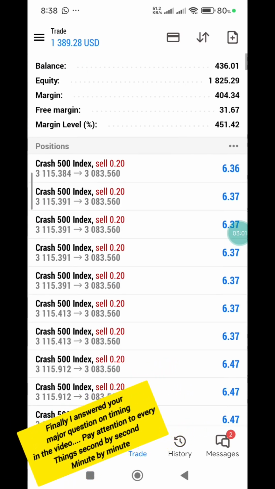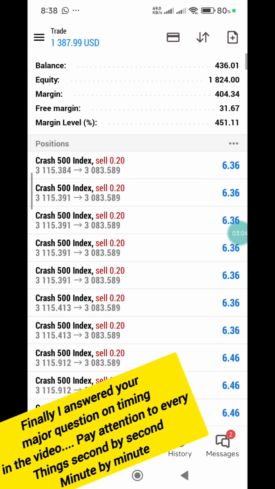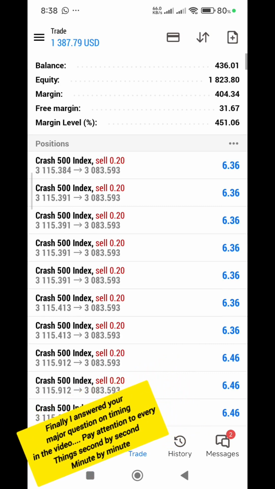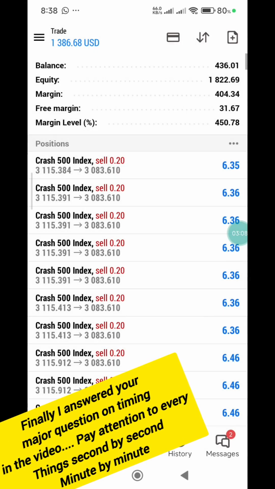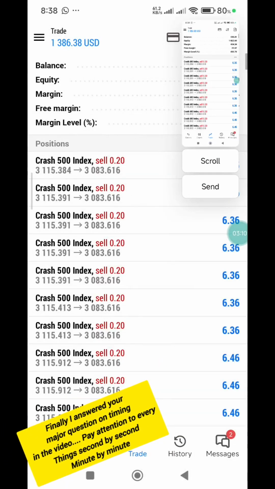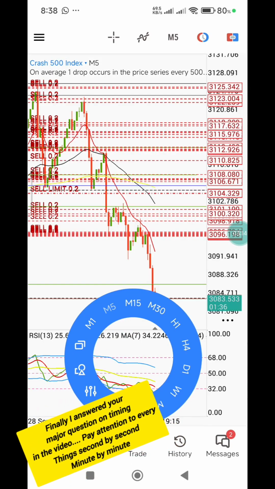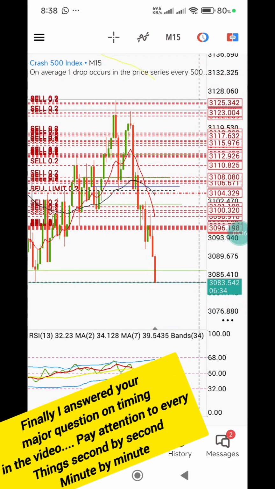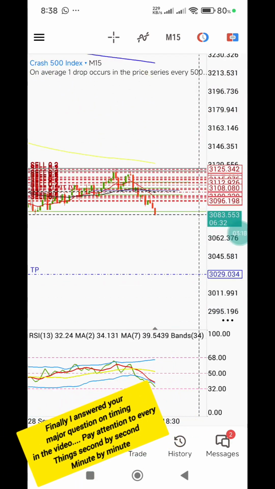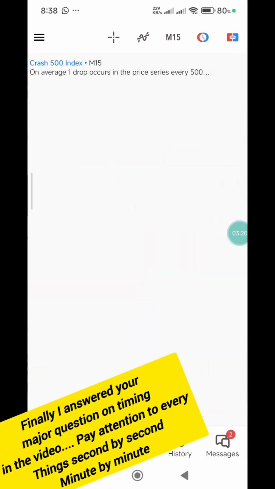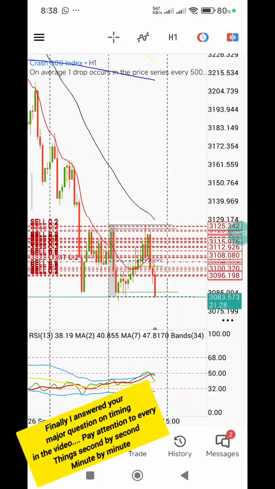As a matter of fact, once you understand your higher time frame structure, it is very, very important. You can say I have another more spike. So you trade with confidence, you trade with peace of mind. Some people call me that I used to scalp.